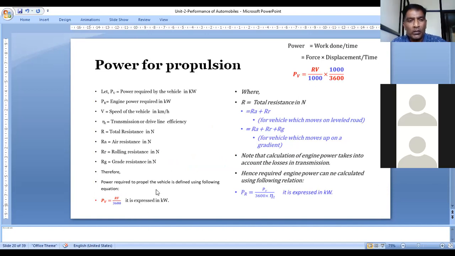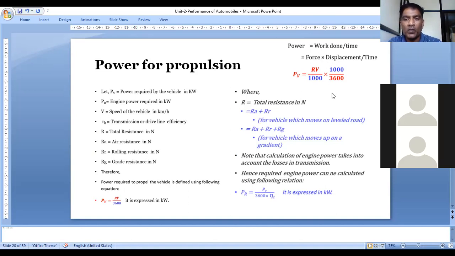So what is the power required for vehicle propulsion? That is PV equal to RV divided by 3600, expressed in kilowatt. Power is equal to work done divided by time, and work done is force into displacement.